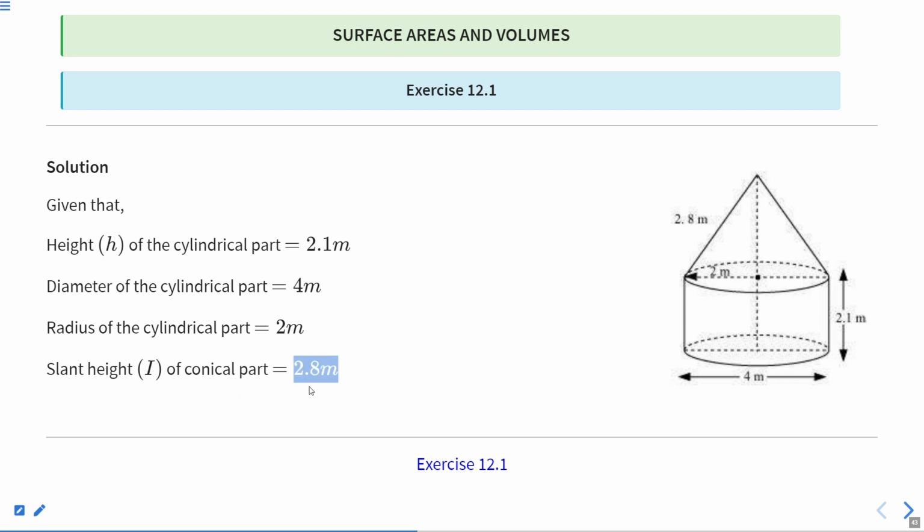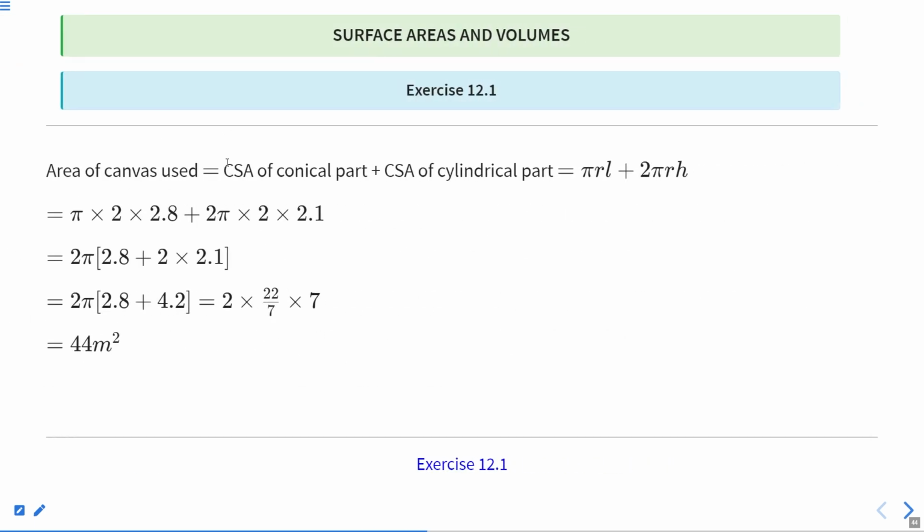Now the area of canvas used is equal to the curved surface area of the conical part plus the curved surface area of the cylindrical part. The curved surface area of the conical part is equal to pi r l, and the curved surface area of the cylindrical part is equal to 2 pi r h.